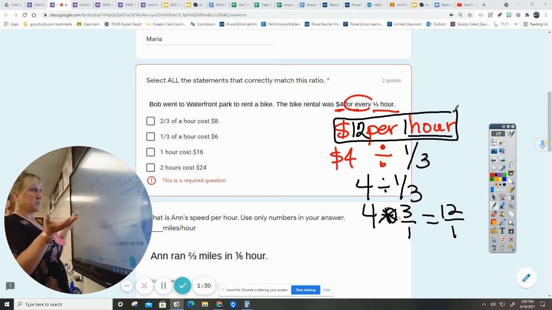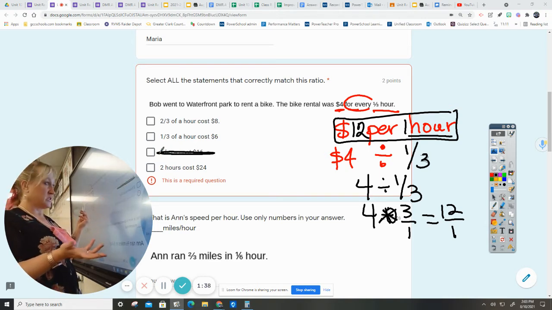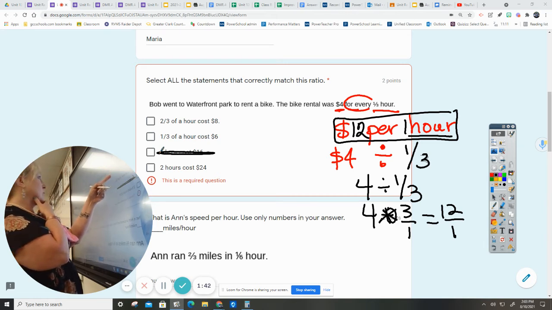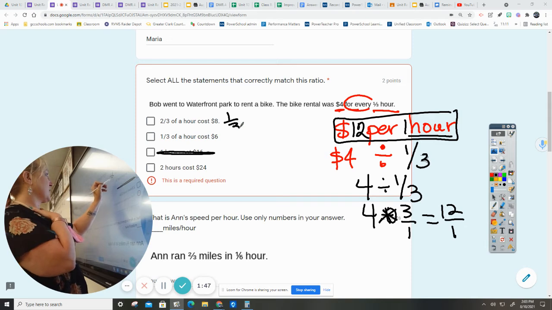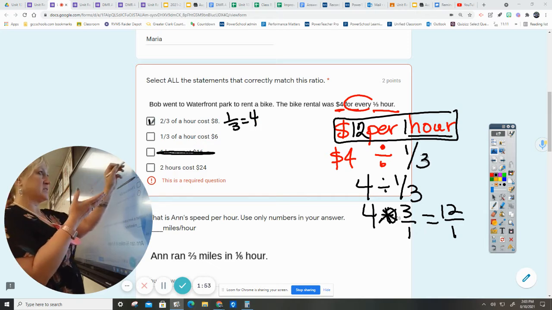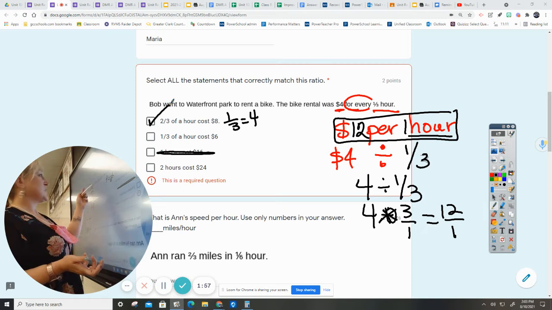There's my answer. So now I have to look at these and try to figure out if any of them works. This one is no, because I have figured out 1 hour is 12. That one, 2/3 of an hour is $8. Well, 1/3 is 4. So 2/3 would have to be 8. That one I didn't even need to do the math for. 1/3 is 6.